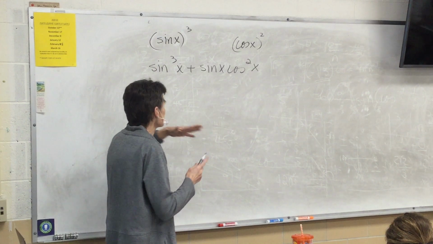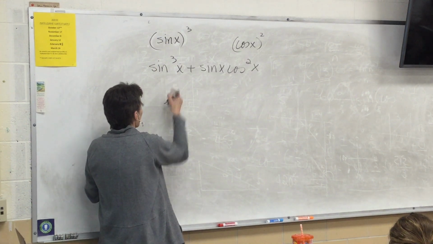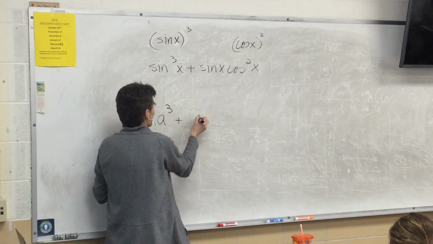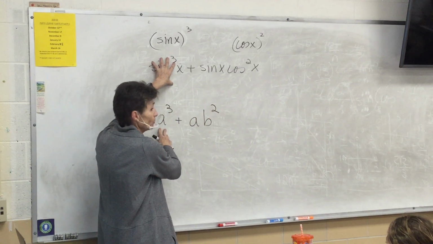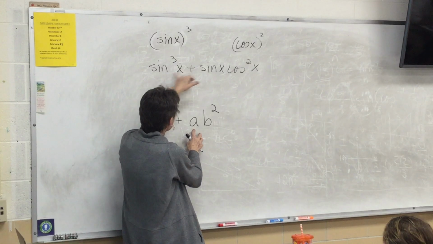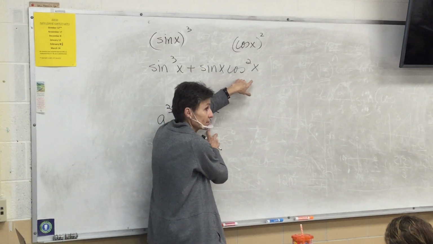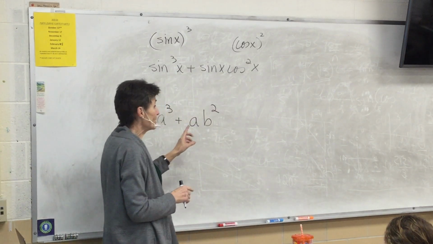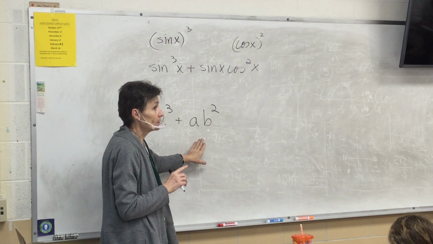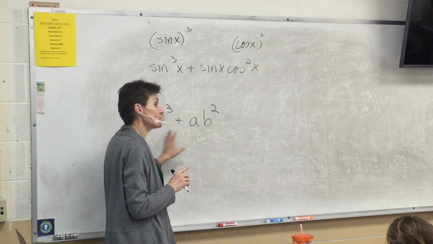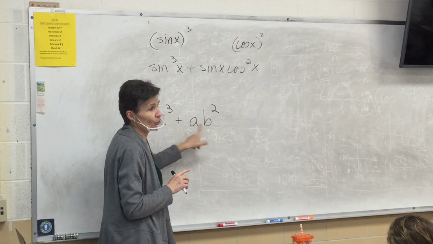So you can think of this kind of like a cubed plus ab squared. This is something cubed plus that same thing times another thing squared. Oh, so you add those two? These can't add, can they? Actually, the powers don't add because they're not like terms.